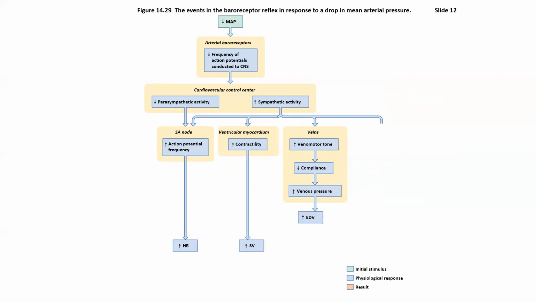Remember, in order for the heart to eject more blood, it must fill more blood first, okay? And so if I increase my end diastolic volume via this venomotor tone mechanism, then I will basically increase my stroke volume, right? The heart can fill more blood, and so it can now eject more blood, okay?